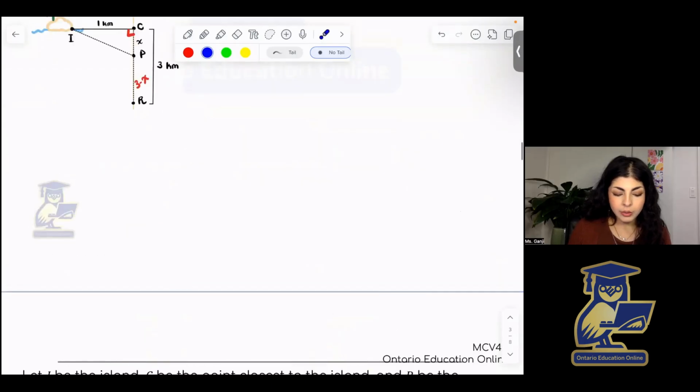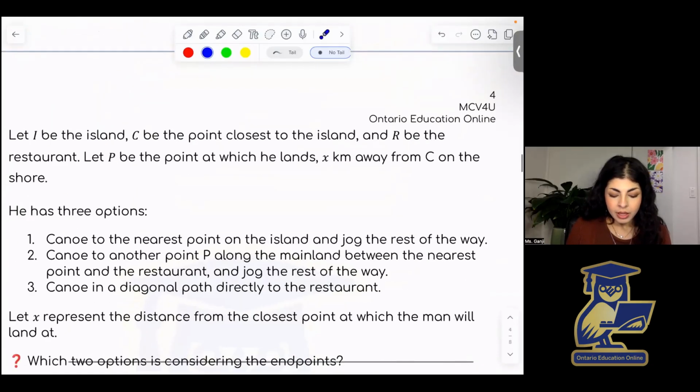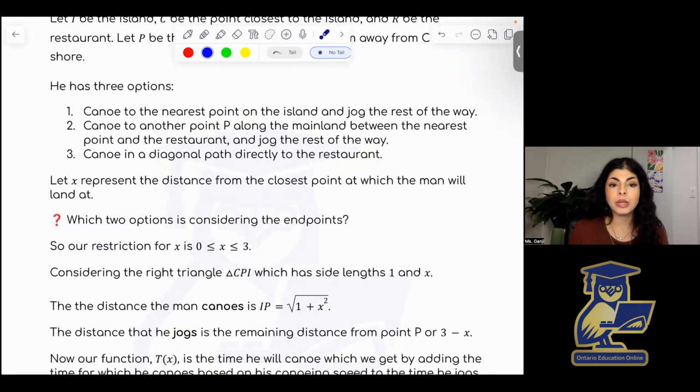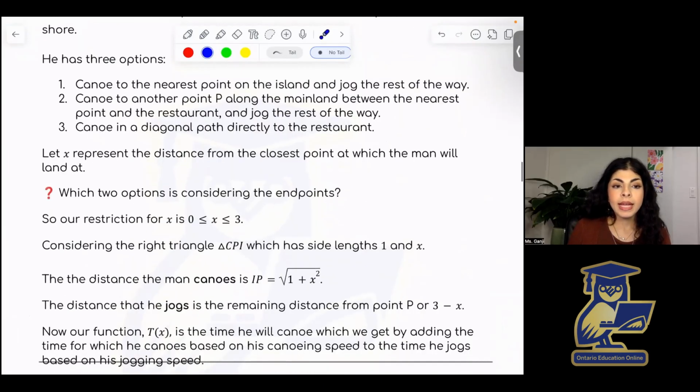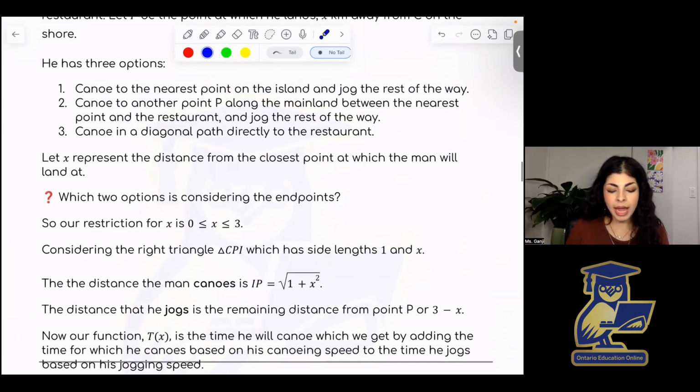So now is where I'm going to also use what I have here. So speed is distance divided by time. So S is equal to D over T. So again, we have x is the distance from the closest point at which he will land. And I've already mentioned this to you, but which two options are considered the endpoints?